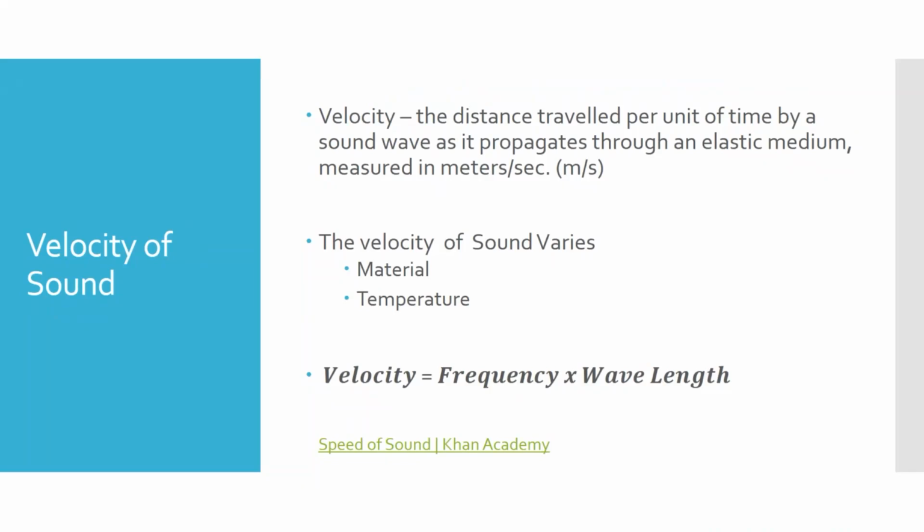Well, it's going to be faster when the material becomes more dense, when the atoms are closer together. So we can count how long it takes to get from here to the far side of an object and back again. And if we know how fast the sound travels through that material, we can calculate how far it went. So the velocity is dependent on the frequency and the wavelength.